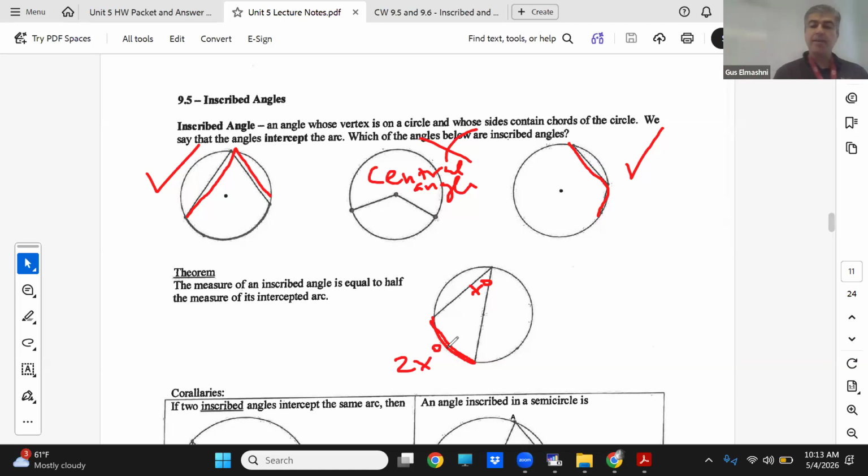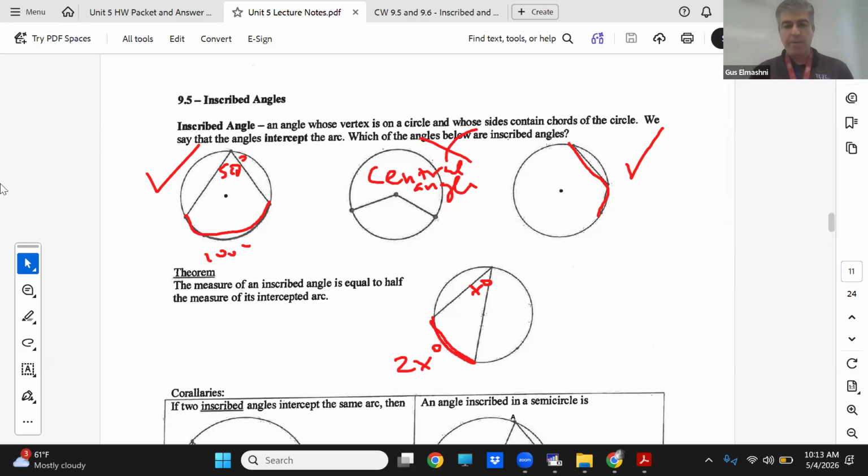However you want to think of it, there's a 2-to-1 ratio between the arc and the inscribed angle. So for example, this looks like maybe 40 degrees. Or actually, maybe more like 50 degrees. So how long do you think this arc would be? 100, because it's always double.